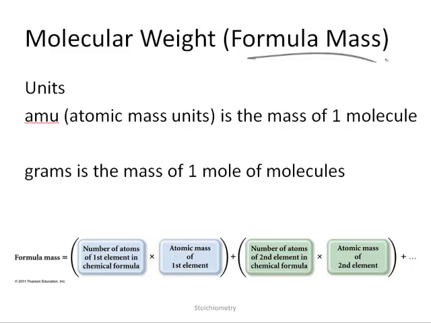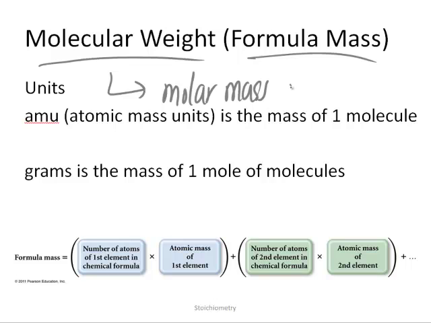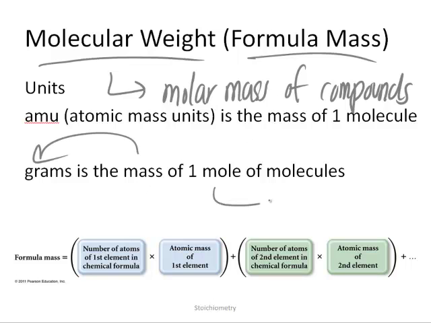Formula mass you often see, especially for ionic compounds, or even formula weight. Molecular weight is often used for molecules. All of these refer to the molar mass of compounds. Okay, and just like an atom, it's the mass in grams of 1 mole of molecules.